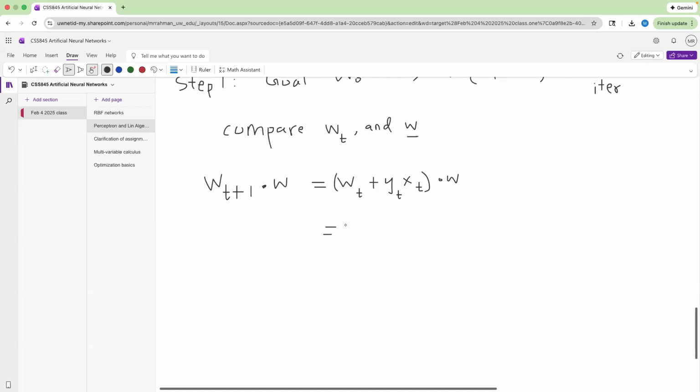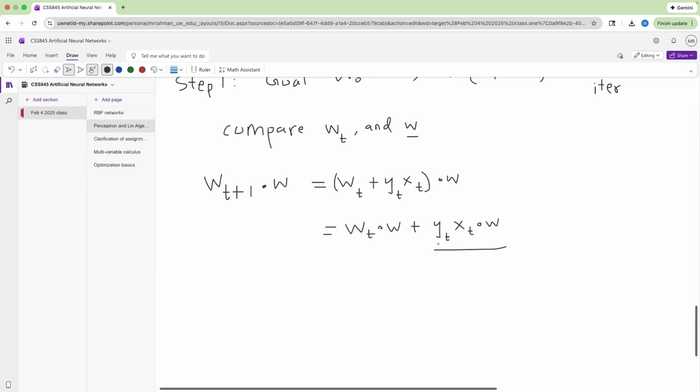So now we have the dot product between WT and W, plus YT times the dot product of the input XT and W. Okay, and now let's look at this term. What is this term?